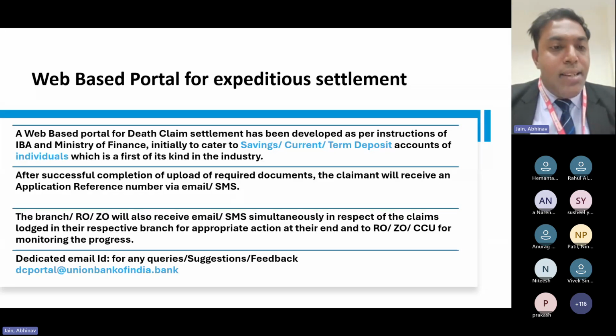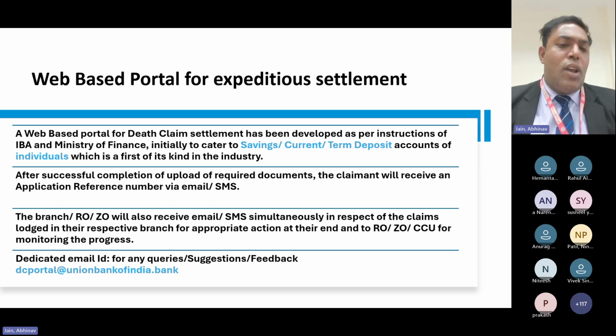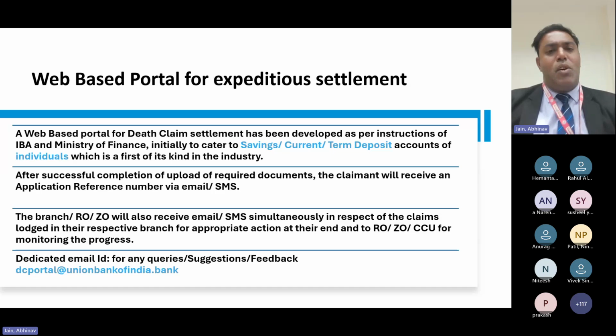The mail ID is dcportal@unionbankofindia.bank. Many times people ask questions pertaining to mail IDs of various portals. So do remember, what is the dedicated mail ID for the web-based death claim settlement portal in Union Bank? It is dcportal@unionbankofindia.bank. I hope I am very clear.